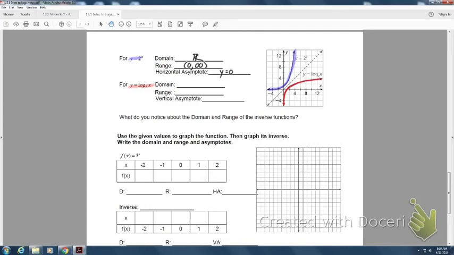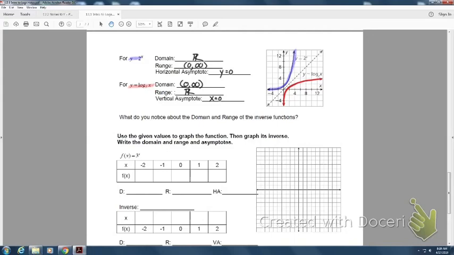So which one of these is now going to be all real numbers? Range. And the domain is now going to be what? 0 to infinity. And my vertical asymptote is going to be what? X equals 0.